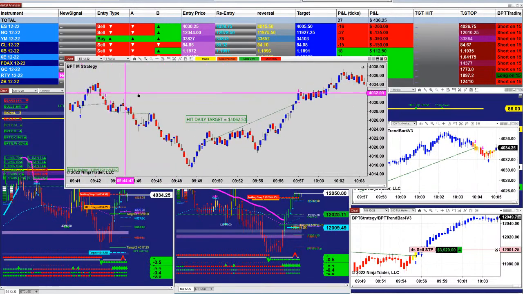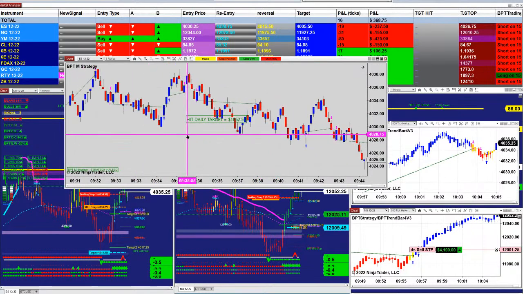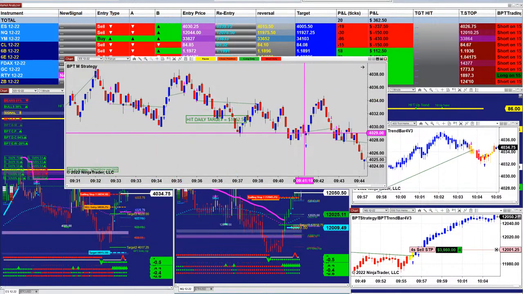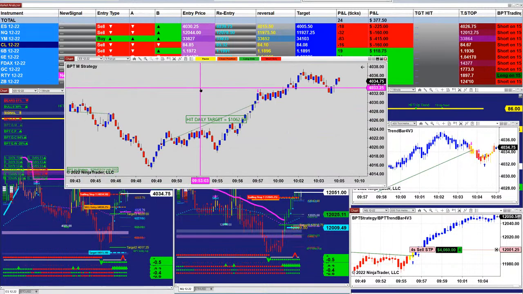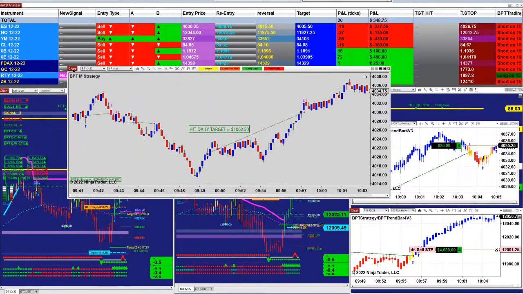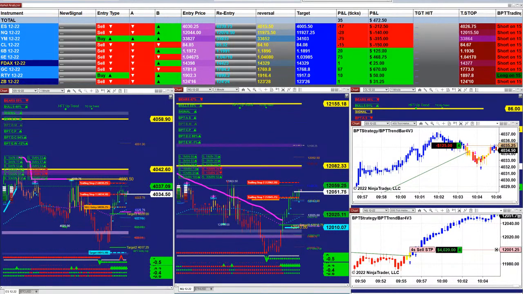Those are the trades, trading one contract each, and it nailed the $1,000 daily target on this new Autotrader micro strategy. It's doing very well. Everyone is doing well on this auto trade.